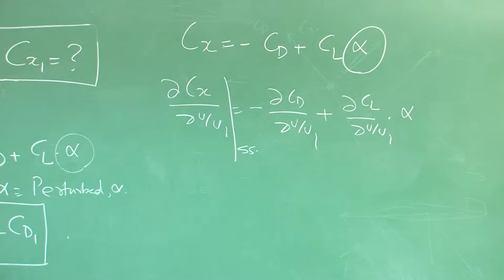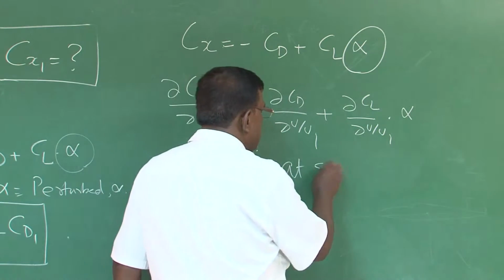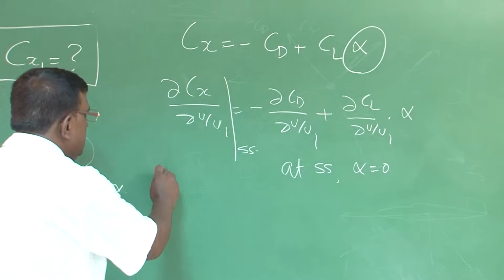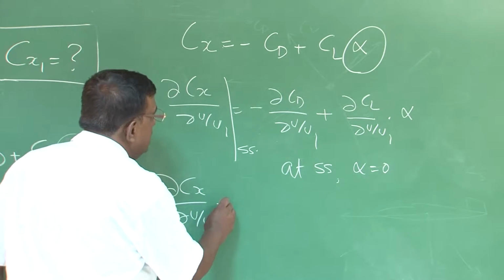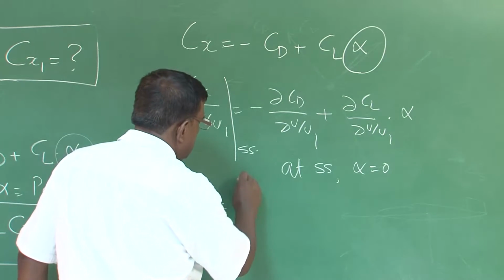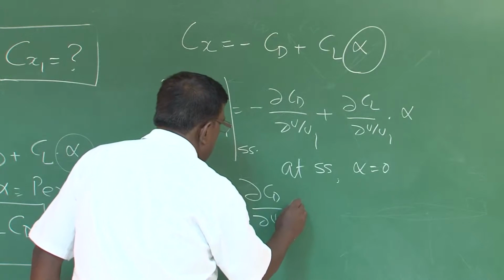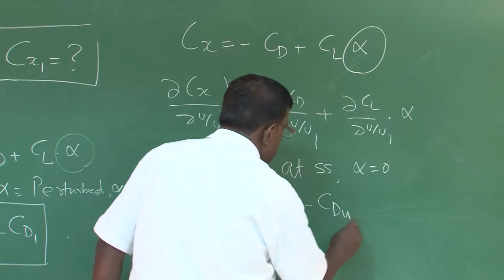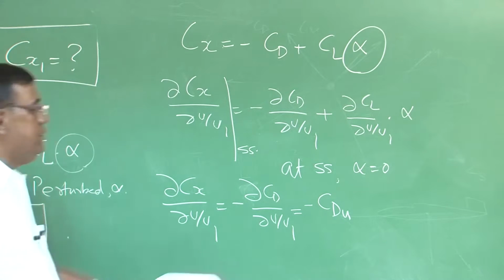But at steady state, what is the value of perturbed alpha? It is 0. At steady state, alpha, which is a perturbed alpha, is 0. So dCx by du by u1 is minus dCD by du by u1, and that is also sometimes written as CDU. Okay? We'll try to give an understanding of what this CDU means.